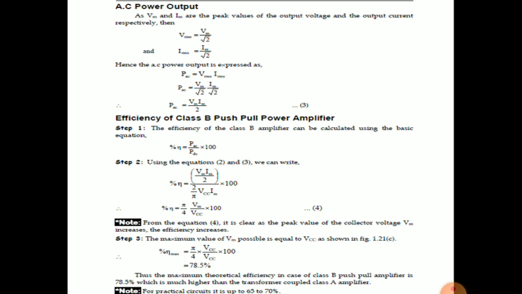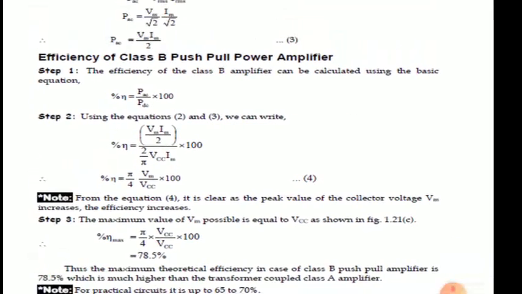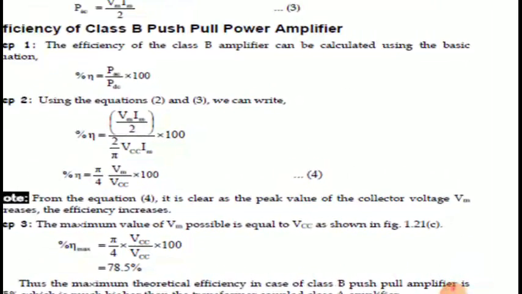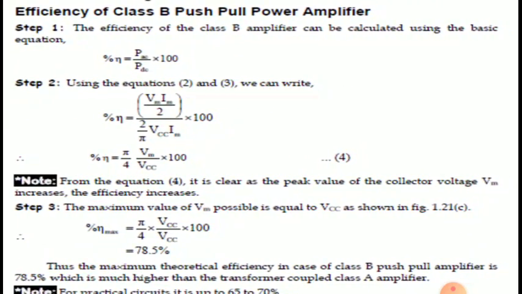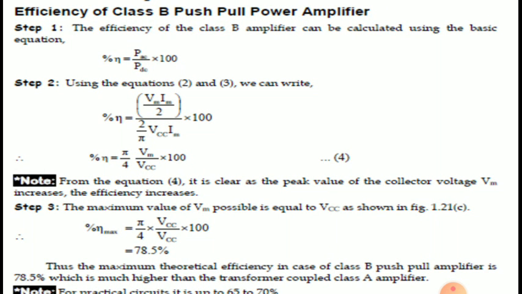From the equation it is clear that as the peak value of the collector voltage Vm increases, the efficiency increases because VCC is constant, right? VCC is the supply voltage, so we cannot increase it beyond a certain limit. But Vm, that is the input signal, we can increase.